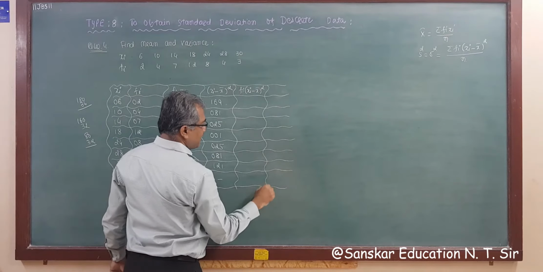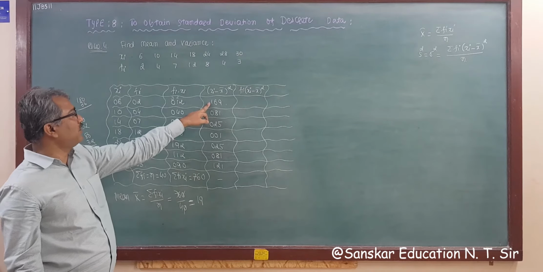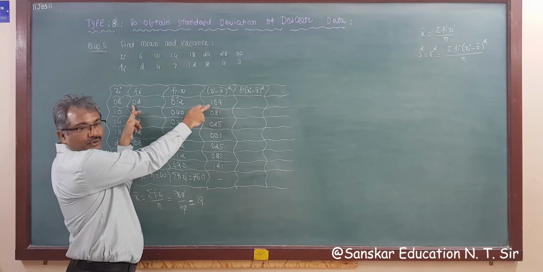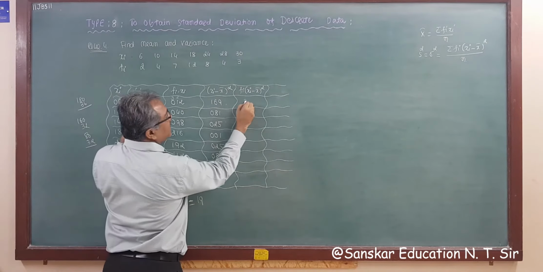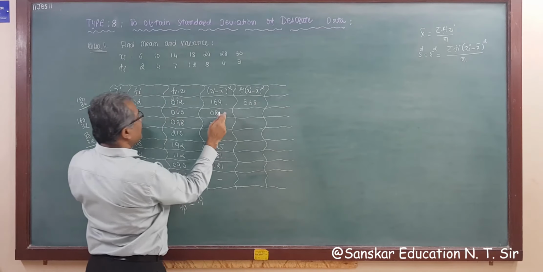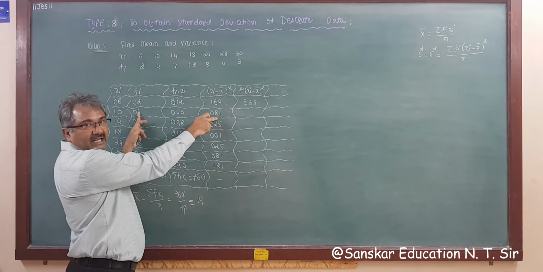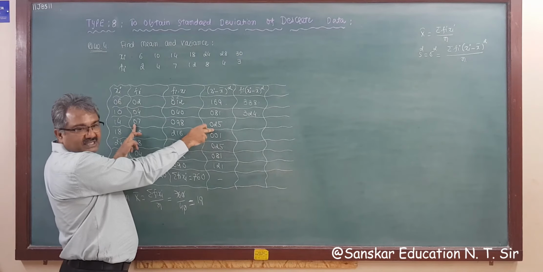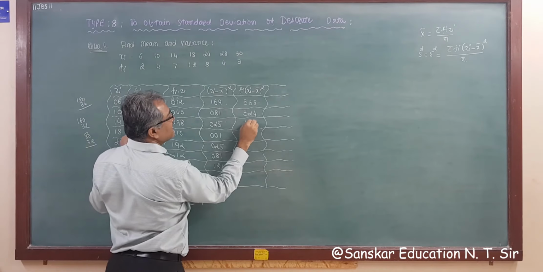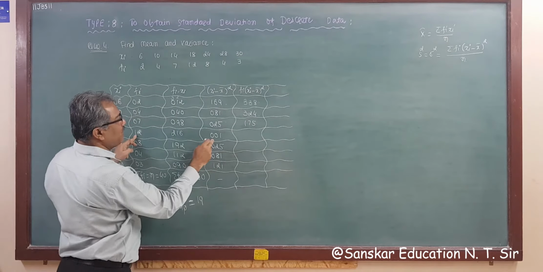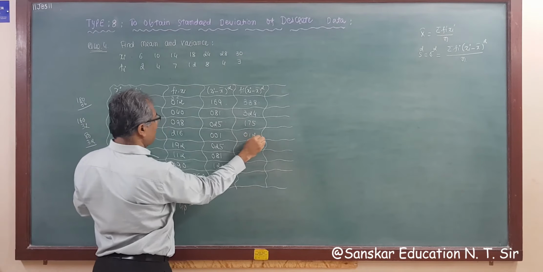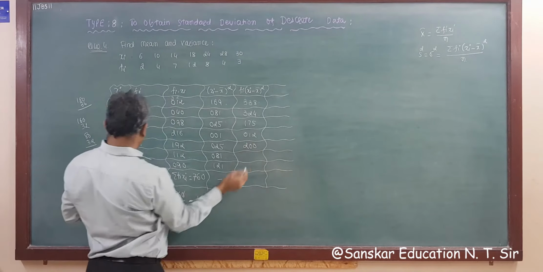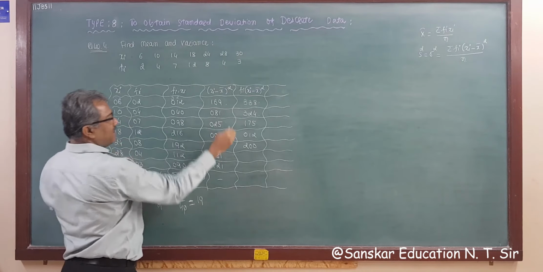So this is (xi minus x bar) whole square into frequency. 169 into 2 is 338. 81 into 4 is 324. 25 into 7 is 175. 12 into 1 is 12. 25 into 8 is 200. 81 into 4 is 324.